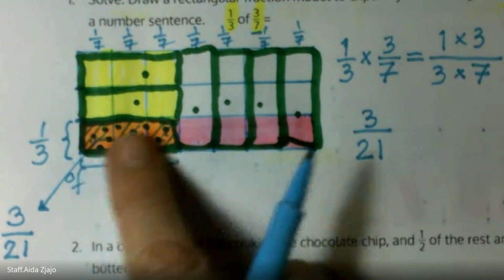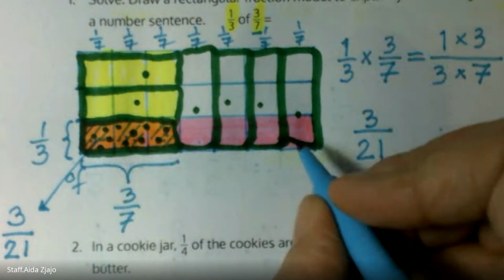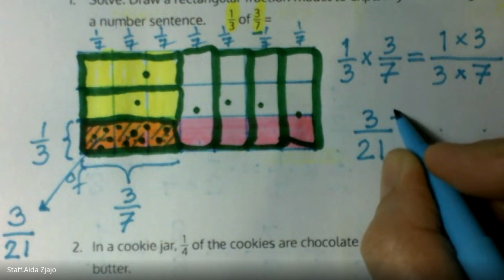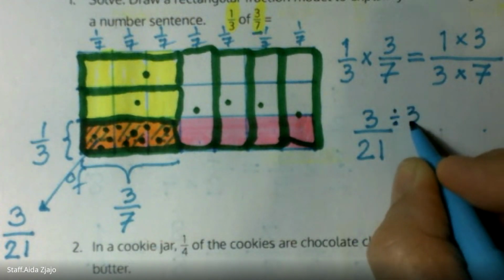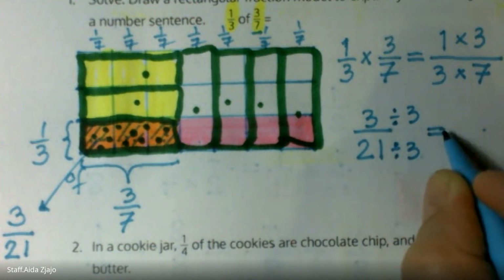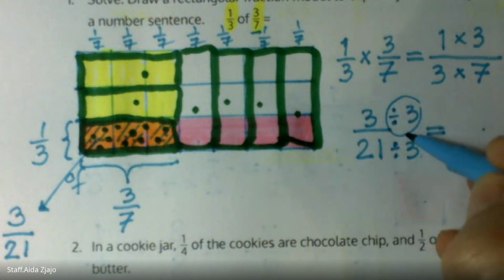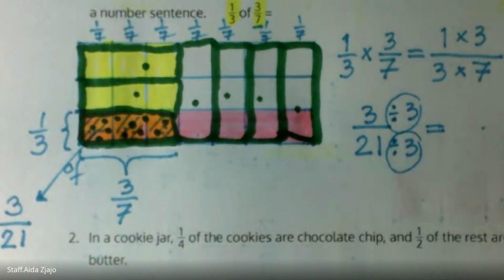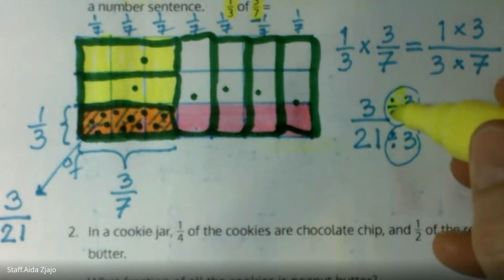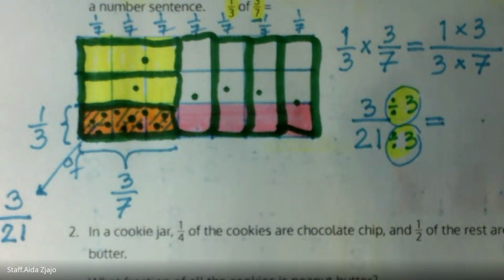In a picture, we combine the 3 pieces to simplify this fraction. We divide by 3. Both numerator and denominator have to be divided by the same number. Don't forget, it has to be the same because we separated these into 3 parts.